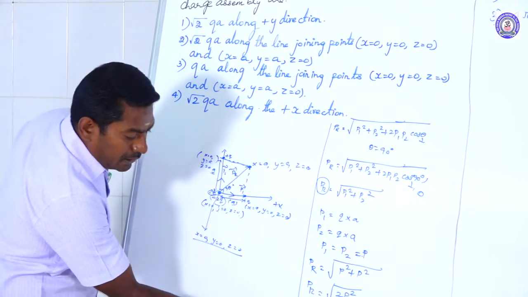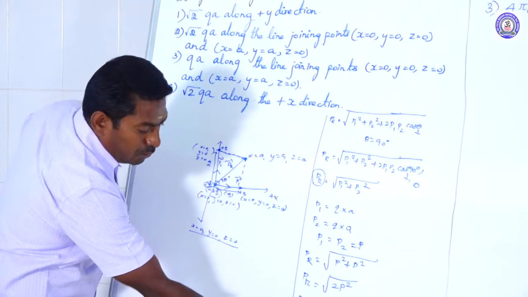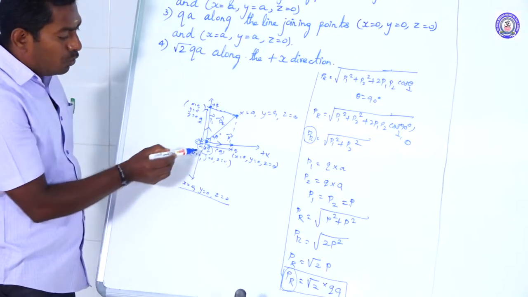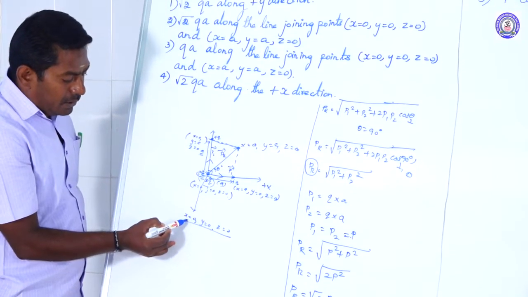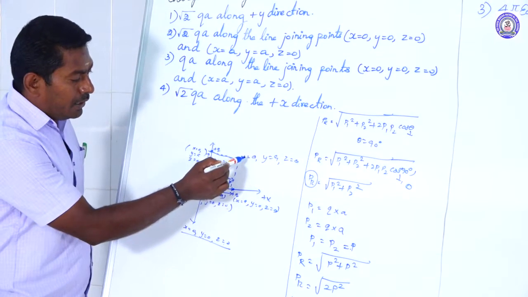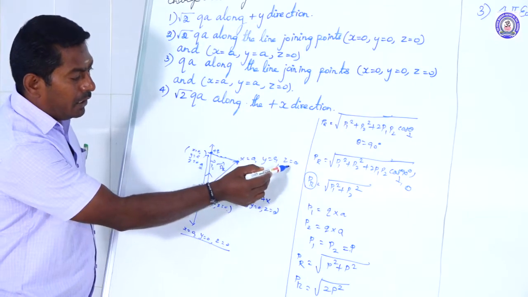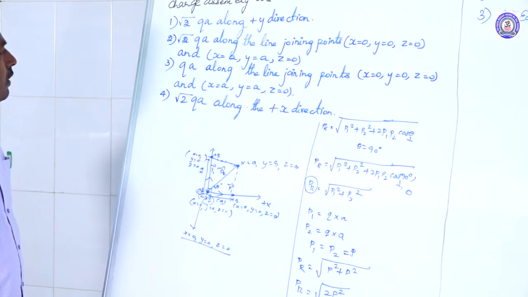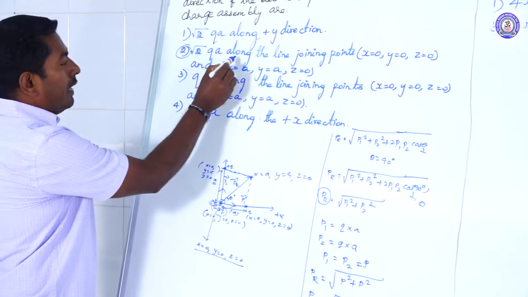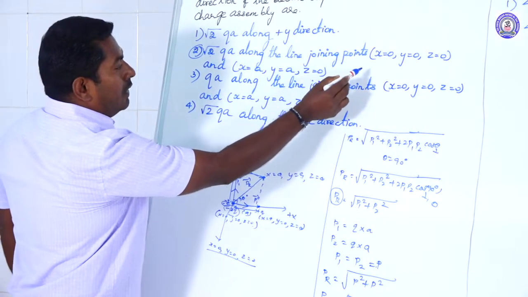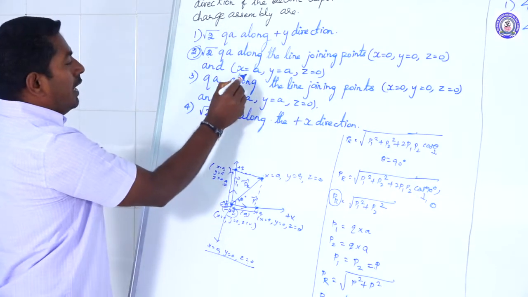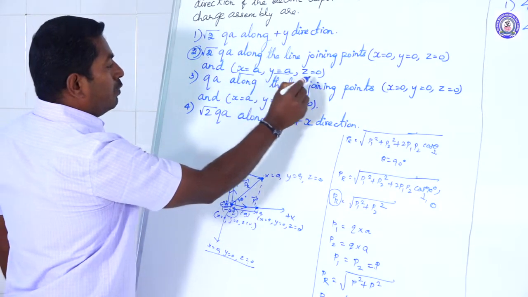So the resultant magnitude of the electric dipole moment is root 2 into QA, and its direction lies between the point x equal to 0, y equal to 0, z equal to 0 and the point x equal to a, y equal to a, z equal to 0. So the second choice is root 2 QA along the line joining the point x equal to 0, y equal to 0, z equal to 0, and x equal to a, y equal to a, z equal to 0.